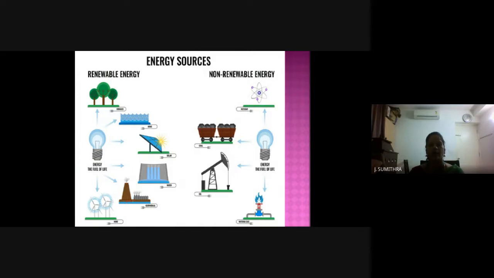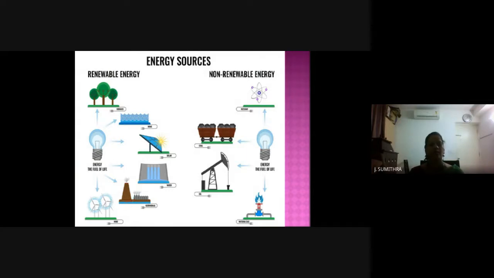So right now we have different types of energy sources. When talking about primary and secondary energy sources, the resources which are available readily in nature in a raw form are called primary sources. Examples of such sources are fossil fuels like coal, oil and gas, uranium, hydropower, etc. Whereas secondary sources are obtained from the primary energy sources by means of processing.